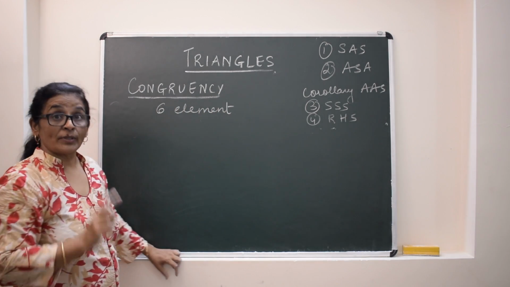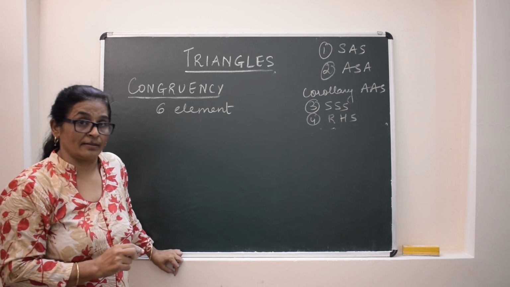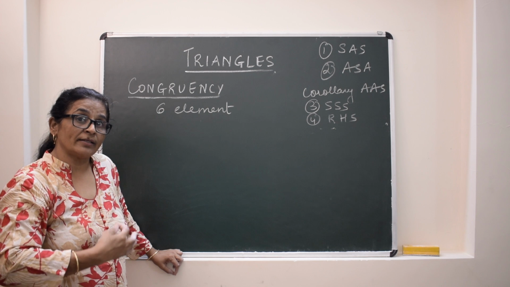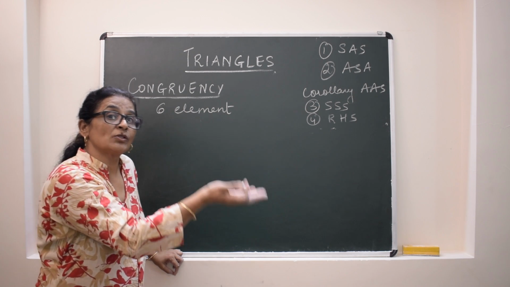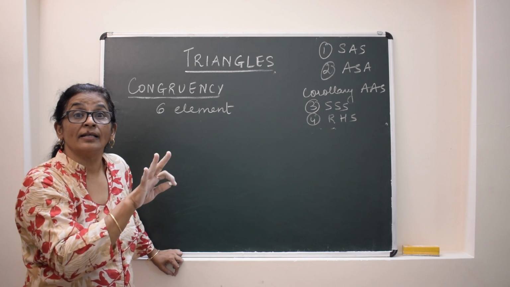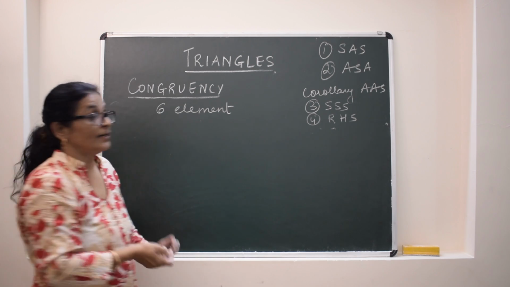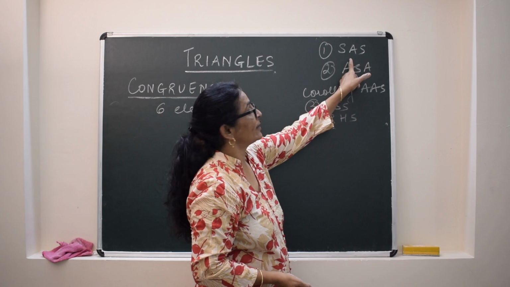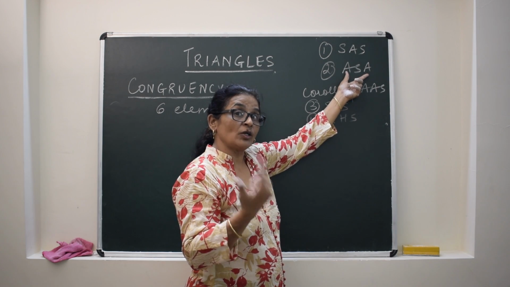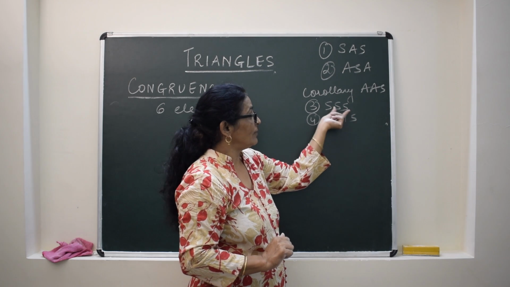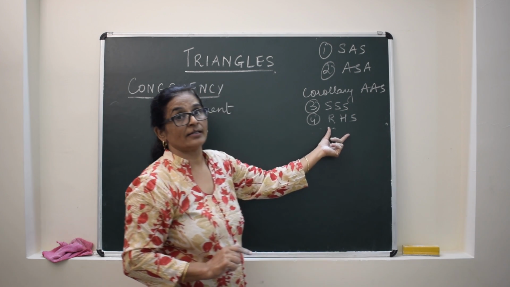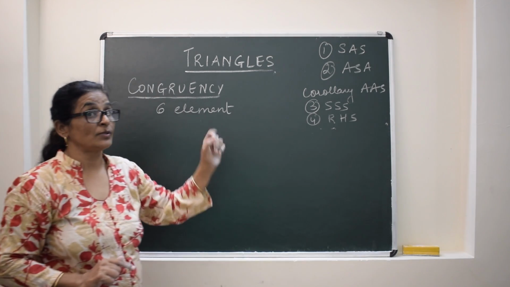It is not important and not necessary that we have to prove all 6 elements of one triangle equal to the 6 elements of other triangle. What have we seen? We have taken only 3 elements. But which 3 elements? We have taken 2 sides included angle, 2 angles, any 2 angles and side, whether included or not included. We have taken 3 sides and we have taken a special condition for right angle triangles, that one right angle, hypotenuse and side.